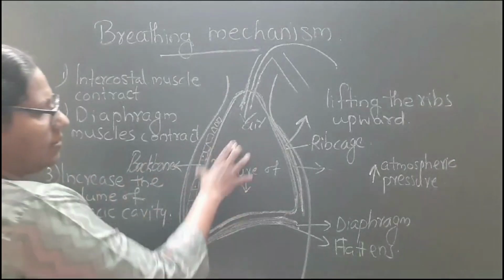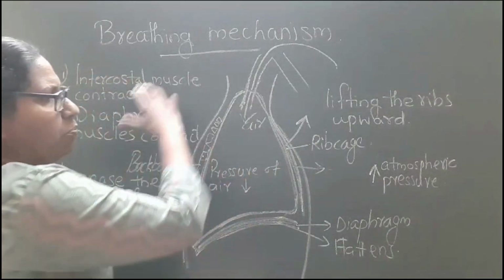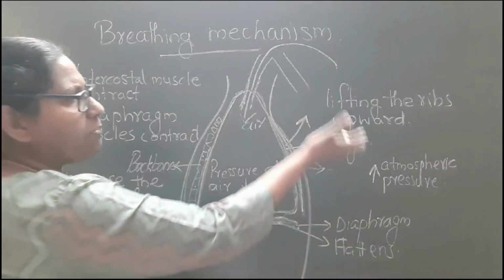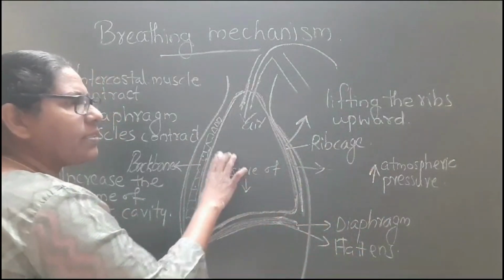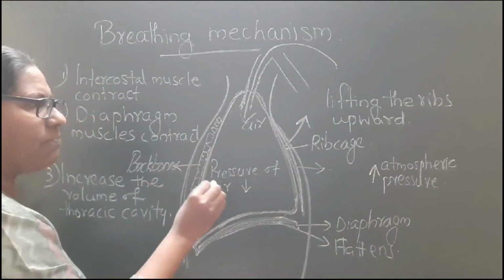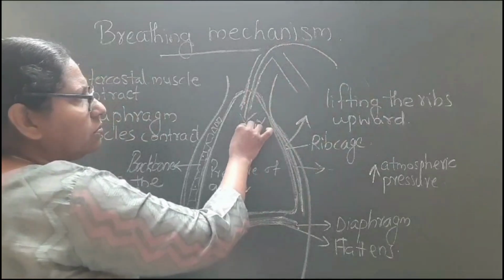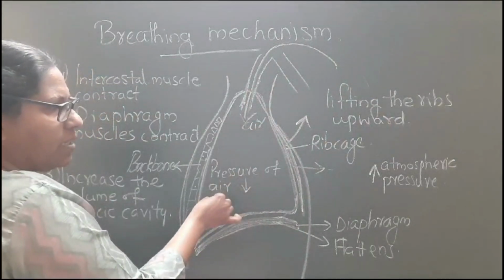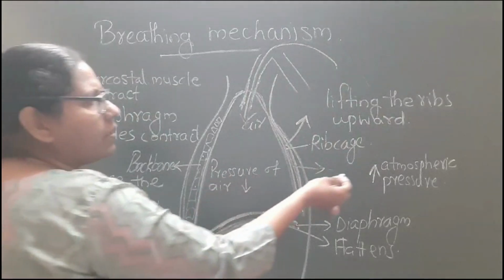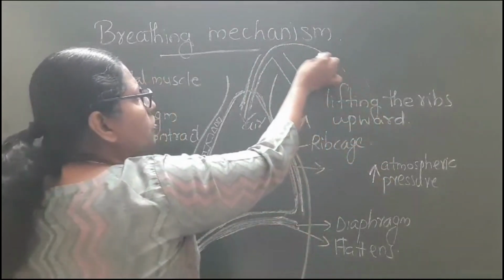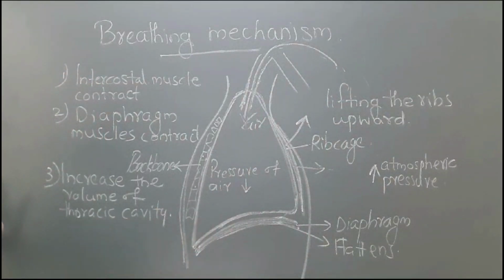In the lungs the air pressure is less, so the air goes to where the pressure is less. The outside pressure is more, so air enters into the lungs. That is what happens while breathing in.